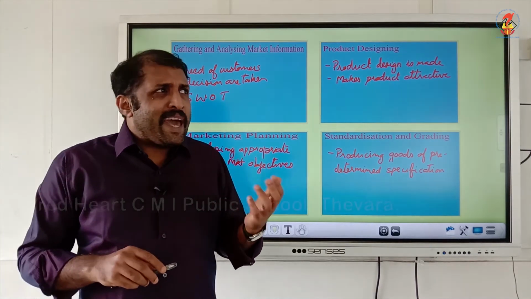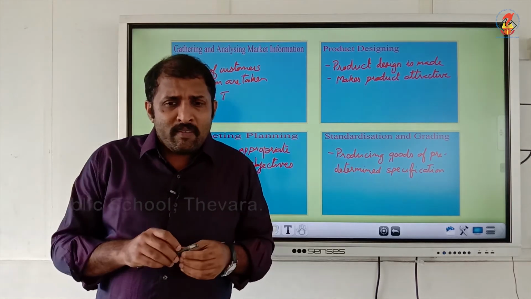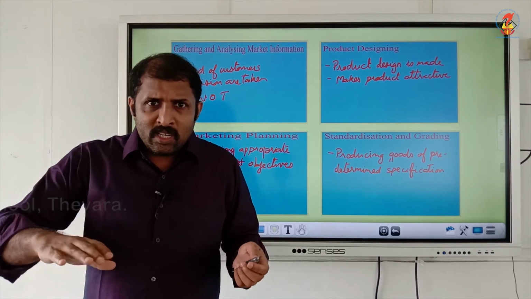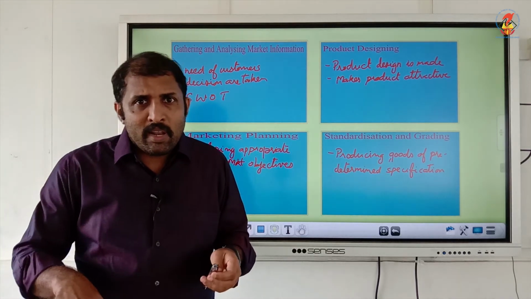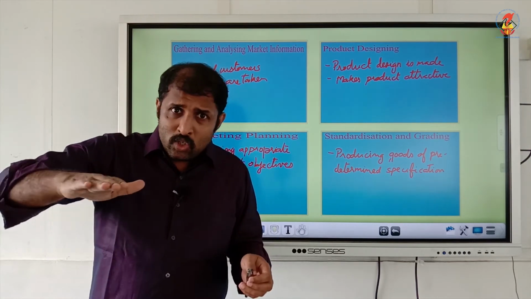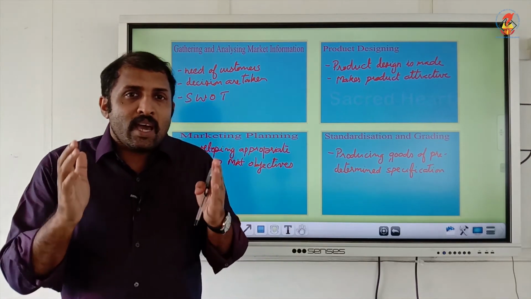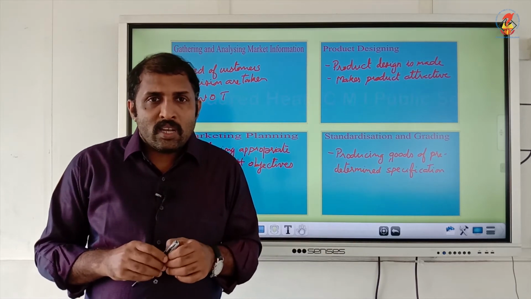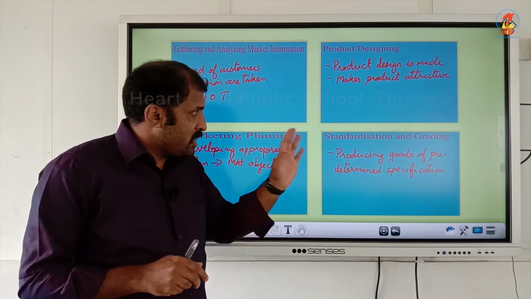It gives a guarantee to the customer that this particular product maintains a predetermined standard. It is following a particular level and will not go beyond that level. Consumers get a feeling that it will be of a particular standard. That is yet another function of marketing. Standardization and grading both go together.